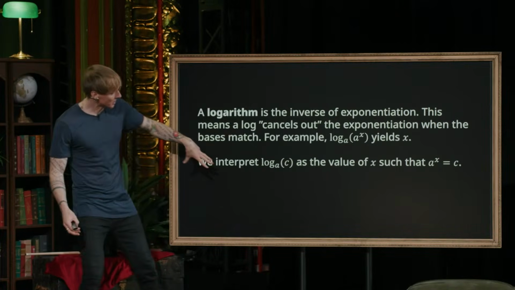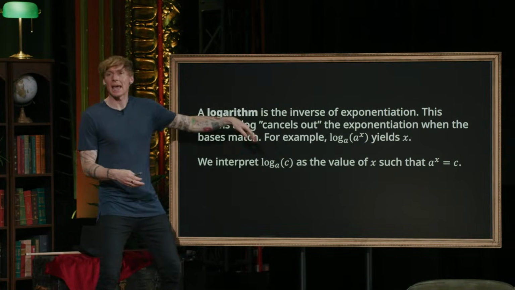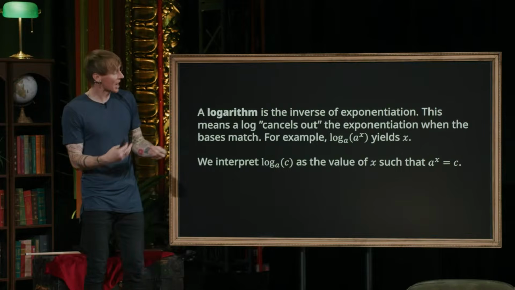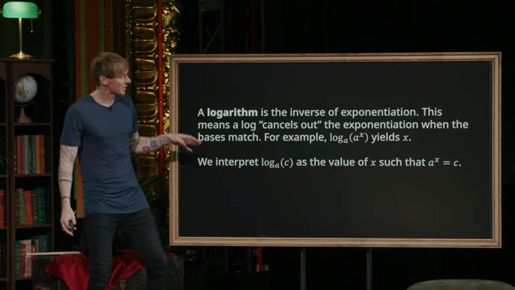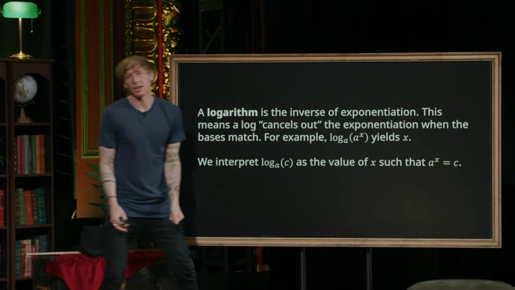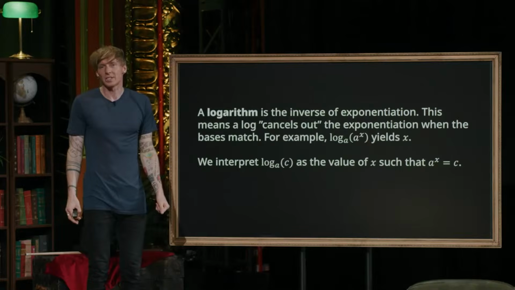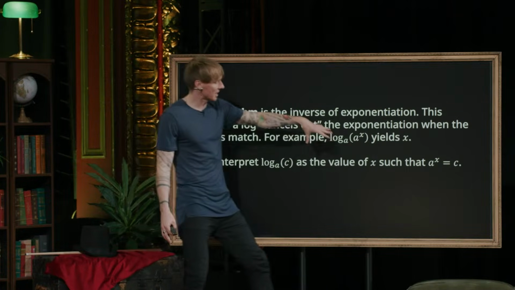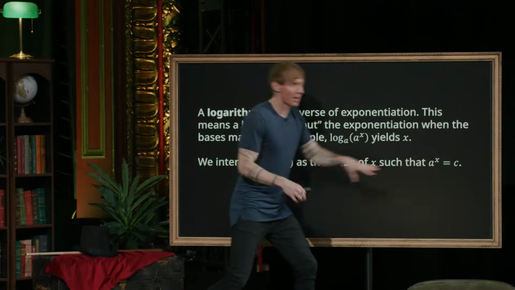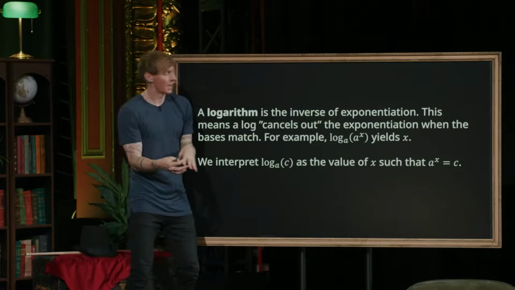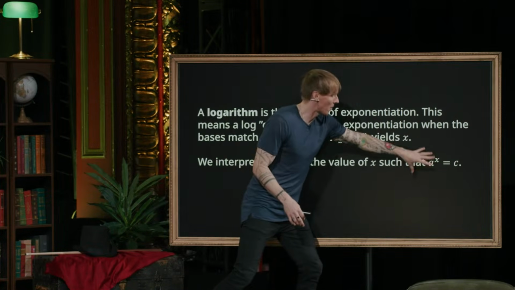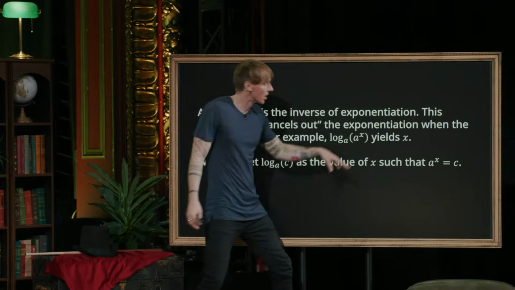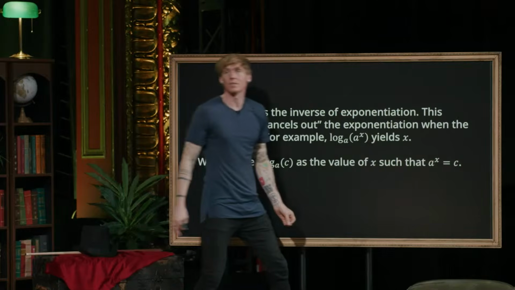So we interpret something like log base a of c as the value of x satisfying an equation like a to the x equals c. So when we have something like this, this is saying we have a number a, our base, and we raise it to some power x, possibly unknown, and it's got to be equal to some constant value.